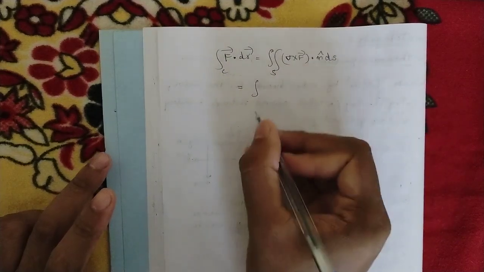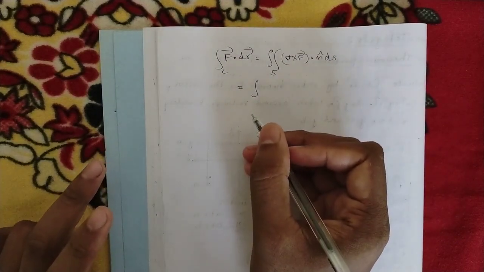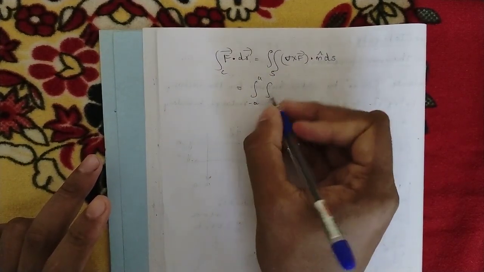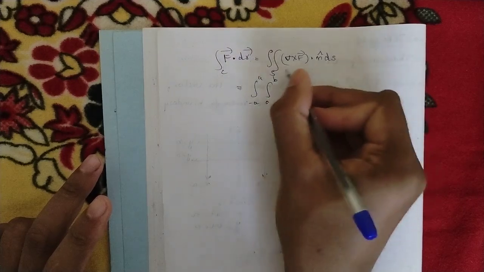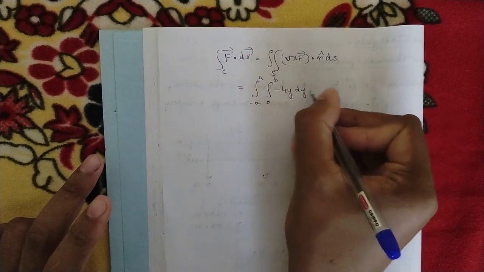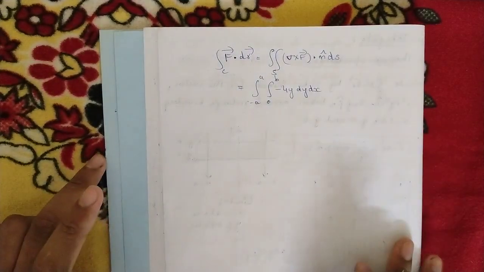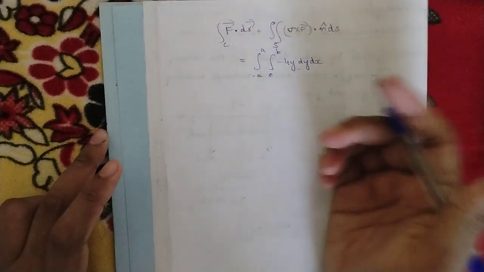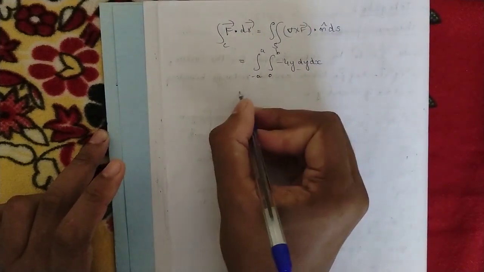Here, first I'll write the limits: x from minus a to a, y from 0 to b, and whatever answer we have got here, that is minus 4y dy dx. Ds we have replaced by dy dx. So now solve this, and whatever answer we get, that is our final answer.